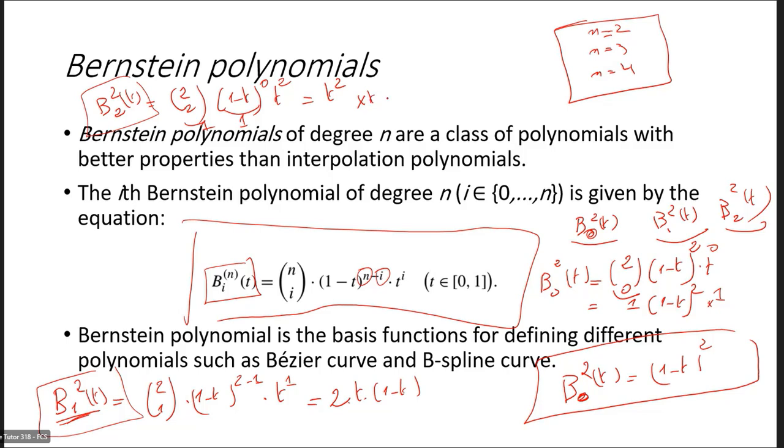So x of t will be b0, the first control point, multiplied by B0,2 of t, which is (1 minus t) squared, plus b1 multiplied by B1,2 of t, which is 2t(1 minus t), plus the next control point b2 multiplied by B2,2 of t, which is t squared.